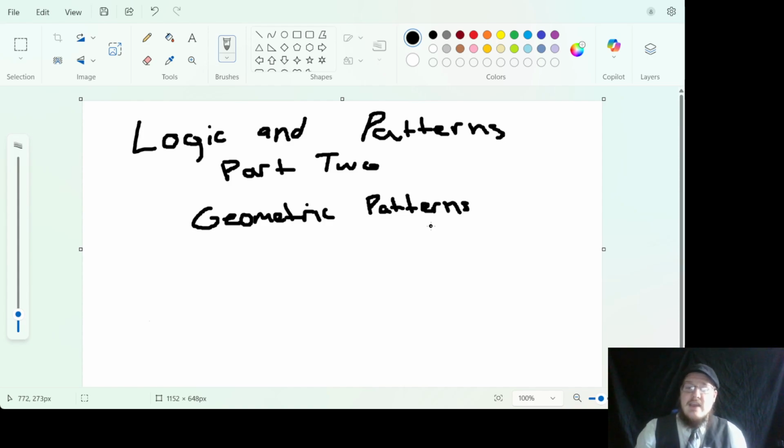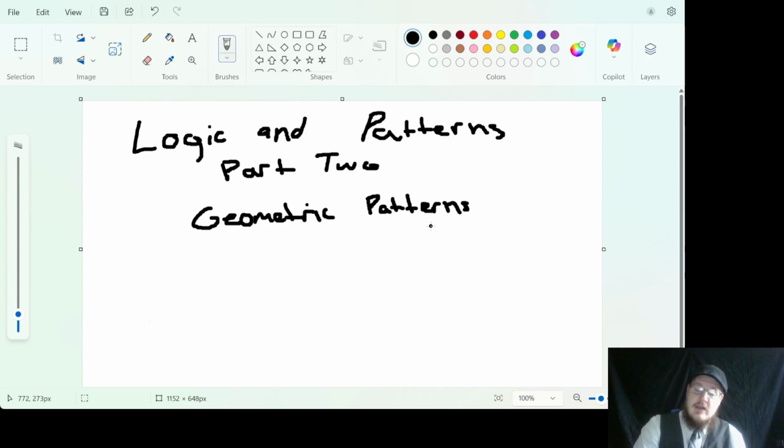The rule that governs it is not necessarily an equation, but more so a written out rule saying that for every 2 snails, we have 1 bee. So we do snail, snail, bee, snail, snail, bee, all the way upwards to infinity. So that is an alternating pattern of shapes.